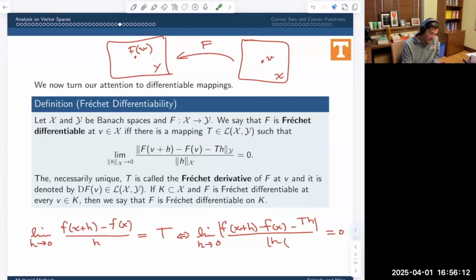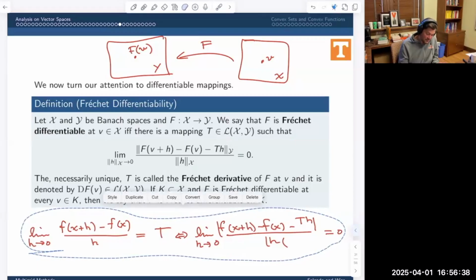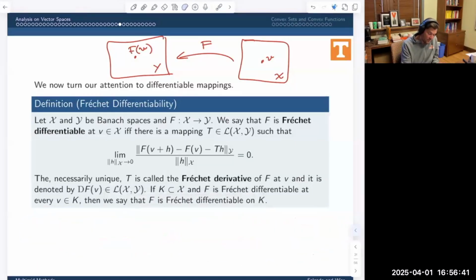Now it turns out, just like the ordinary derivative case, because limits happen to be unique, this Fréchet derivative, if it exists, has to be unique. If this t exists and we can find it, then it has to be unique. There can be no other ones. That's good. That tells us that this concept of differentiation matches our intuition from the one-dimensional case where derivatives were unique.